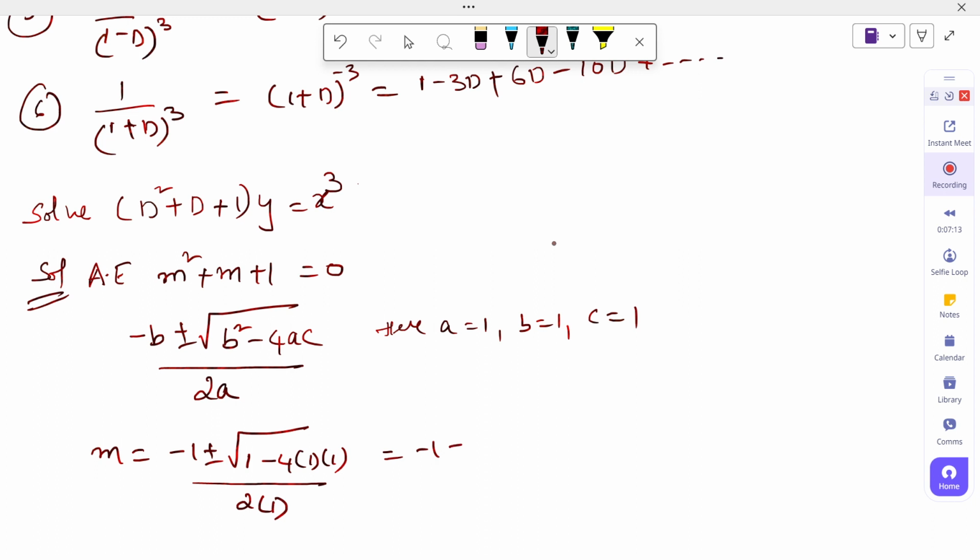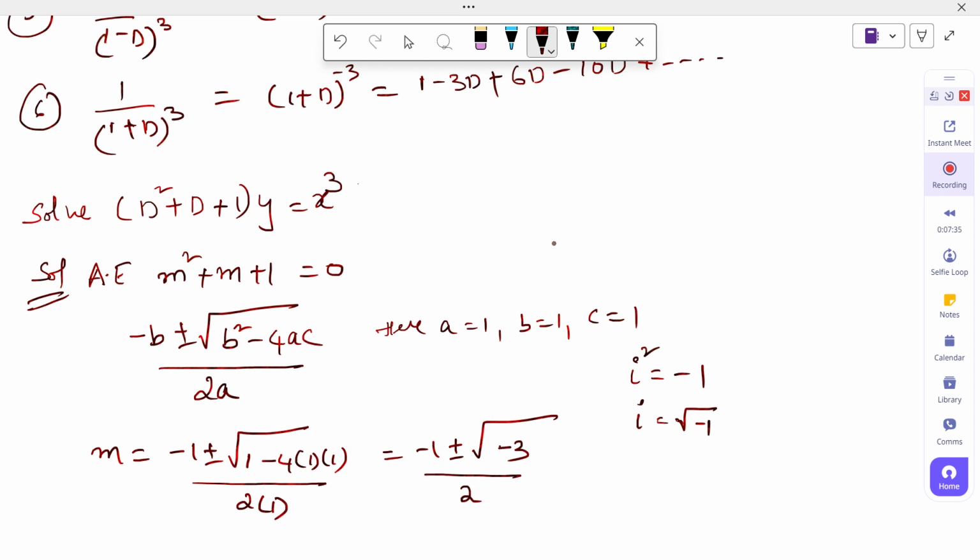That equals minus 1 plus or minus under root of 1 minus 4, which is minus 1 plus or minus under root of minus 3, divided by 2. Your i square value is equal to minus 1, so i is equal to under root of minus 1.